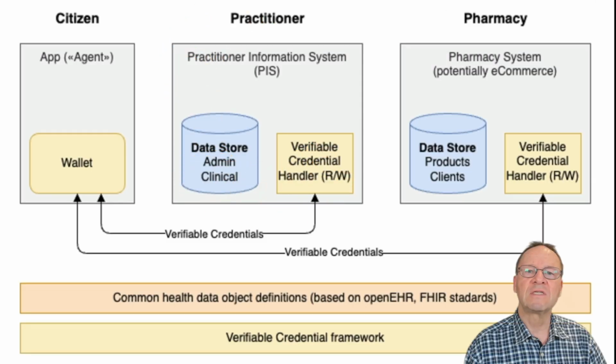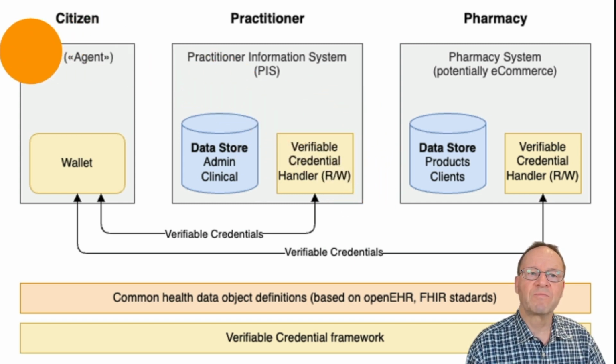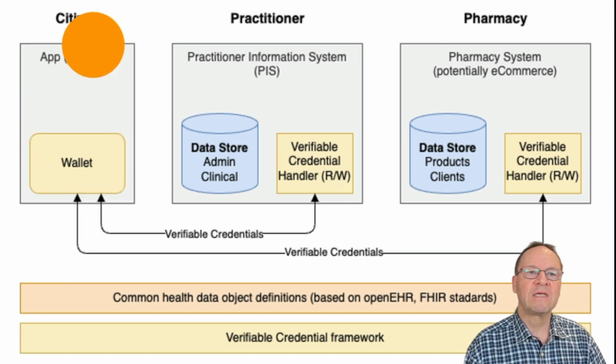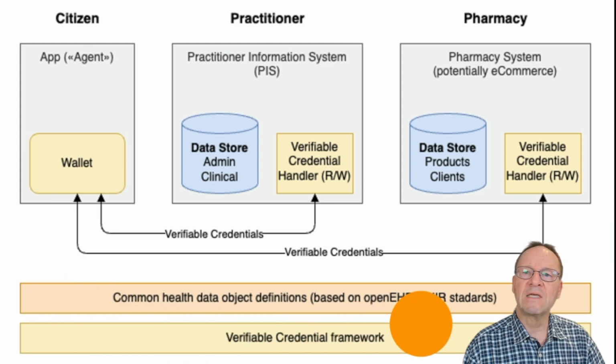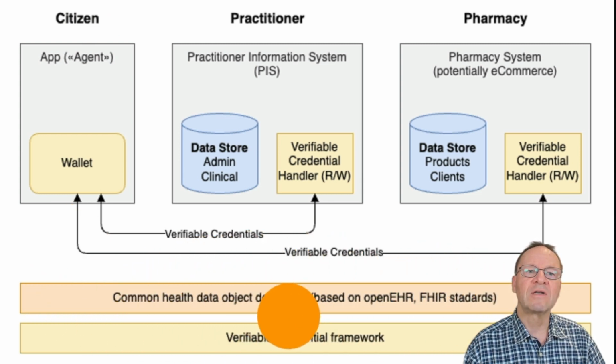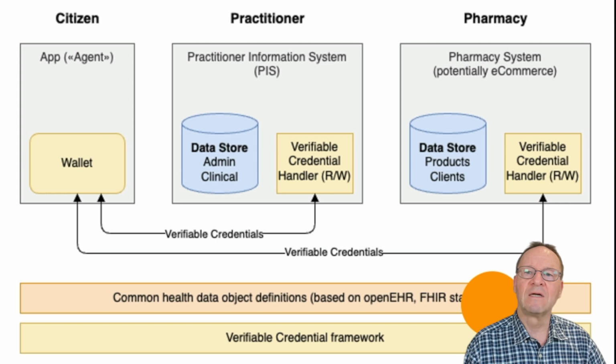Dr. Brewster uses his system where his patients and available drugs are stored. In addition, this system has a handler for verifiable credentials. John Miller uses the wallet on his mobile device where he stores his verifiable credentials. To ensure interoperability, common health data objects are defined in json-ld format.